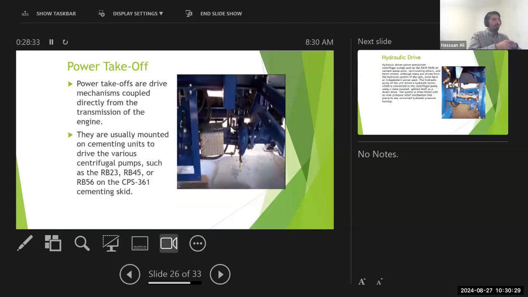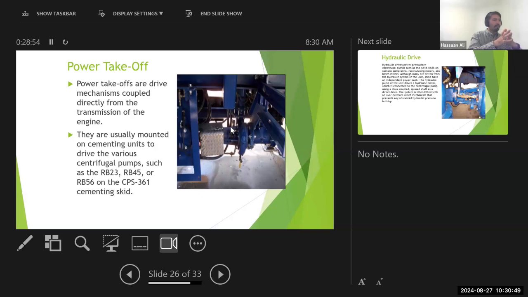The third type of prime mover, or primary source of energy, for the centrifugal pump is what we call a PTO or power takeoff. This is just a coupling that is installed between the engine of your vehicle, so your vehicle actually powers this centrifugal pump.